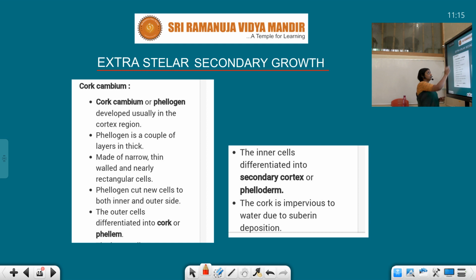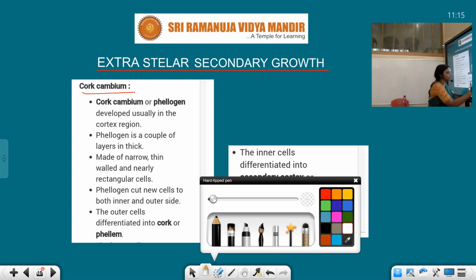What is cork cambium? By the activity of cork cambium, or phellogen, developed usually in the cortex region. So cork cambium actually develops from the hypodermal cells. Some of the hypodermal cells form a one or two layer, maximum two layer thick cork cambium. This cork cambium is known as phellogen, the another name of cork cambium.